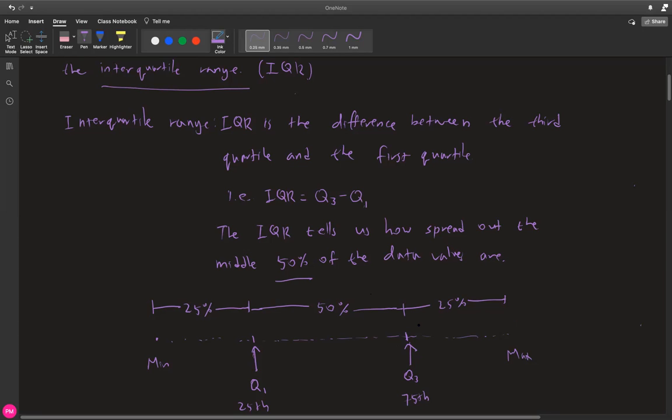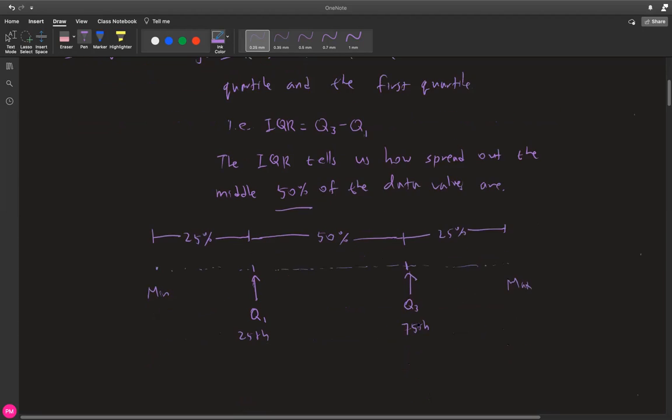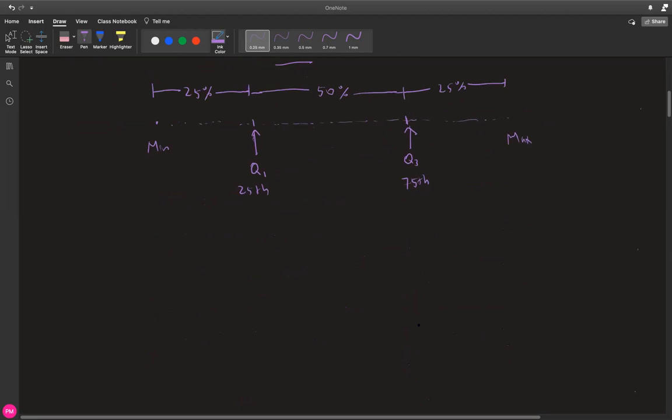So let's actually put that into an example. Last class, one of the last examples was about the age distribution. It didn't really have any context. It just had a distribution of age. So this is an example from last class.